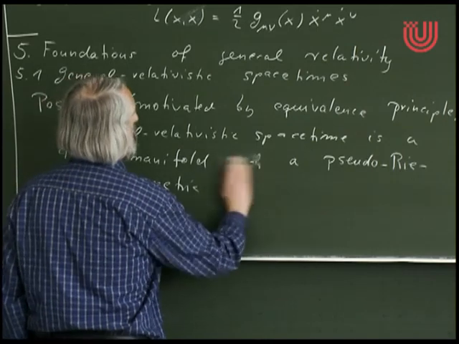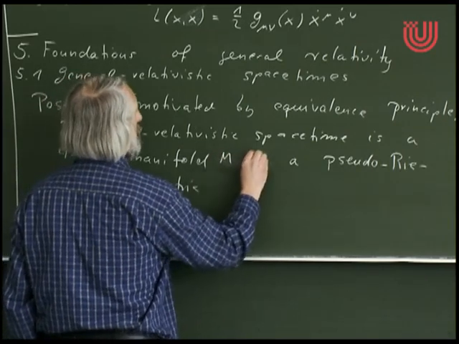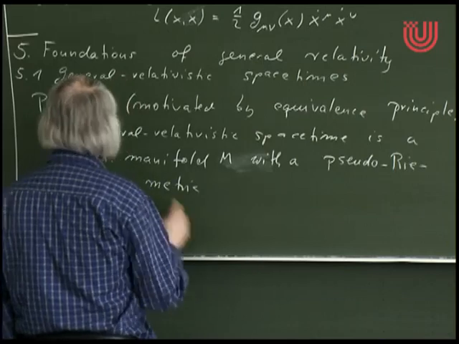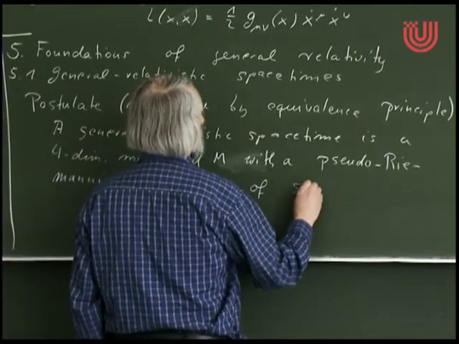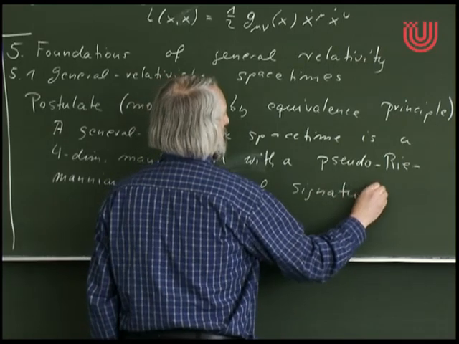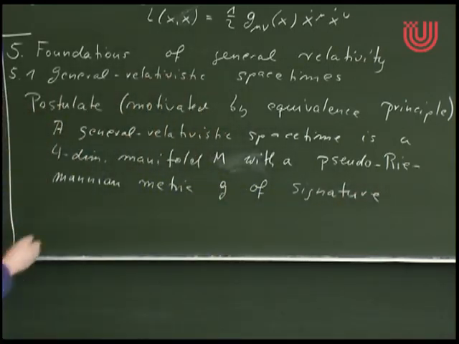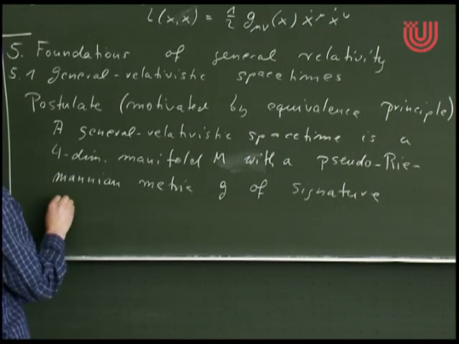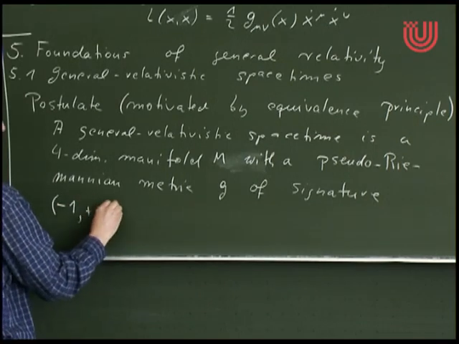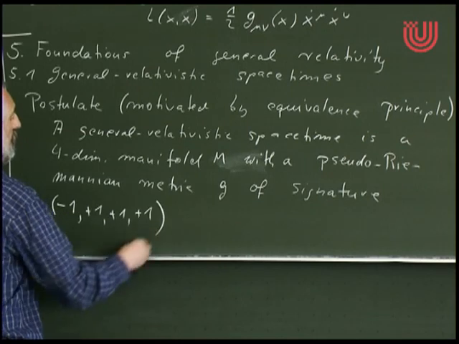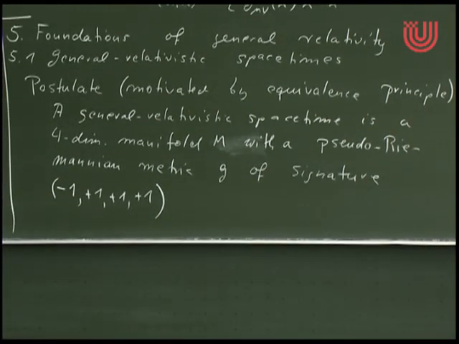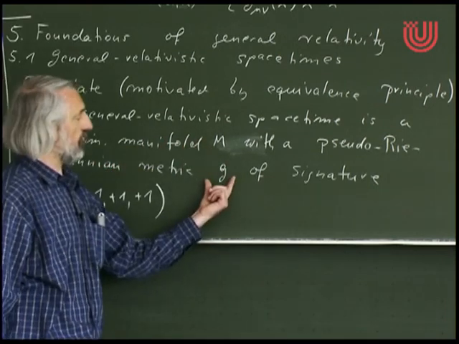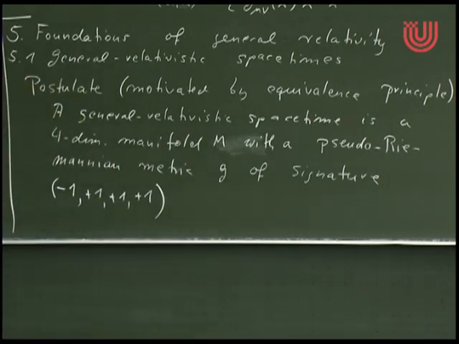So the manifold is called M, with a pseudo-Riemannian metric g of signature, of course, the signature which we are used to from special relativity: 1 minus sign and 3 plus signs. So a general relativistic spacetime is a manifold M with such a metric g. We often write it as a couple (M, g).